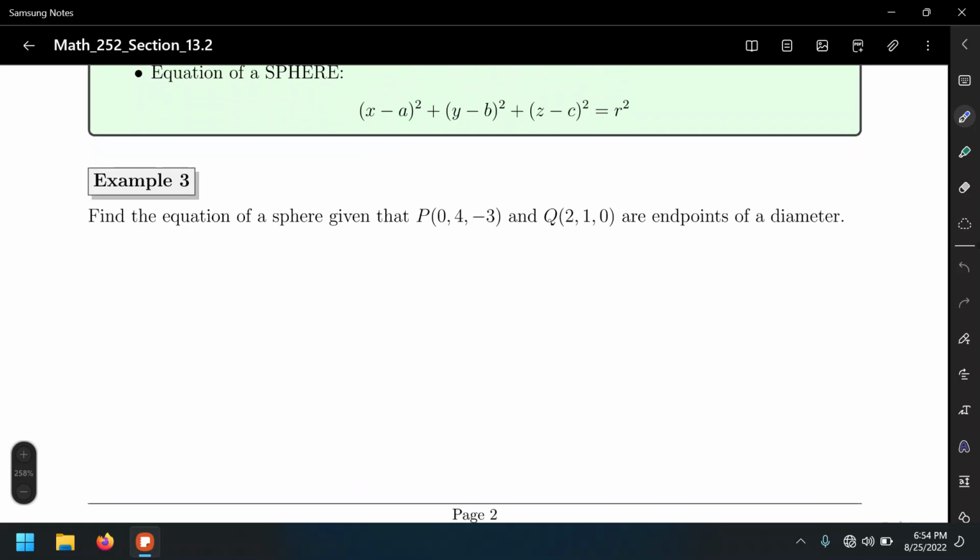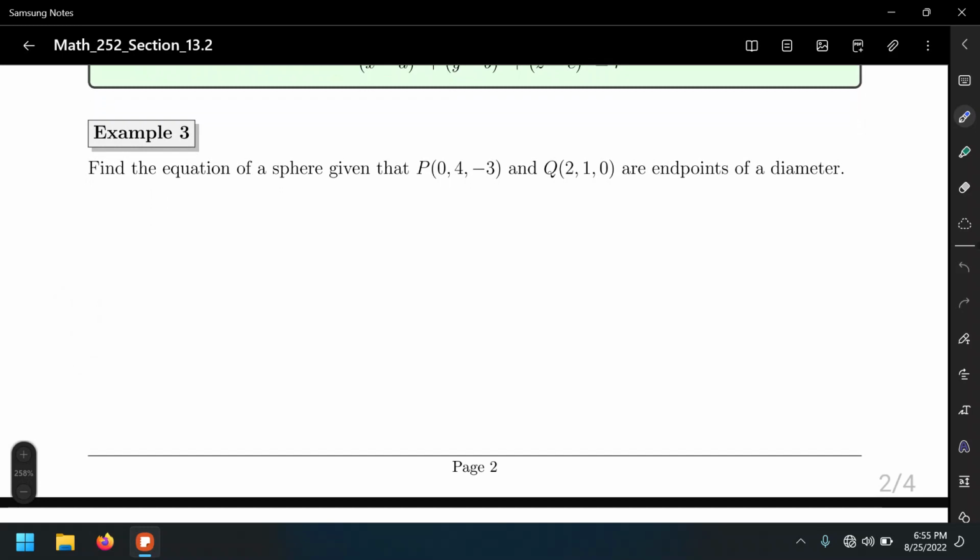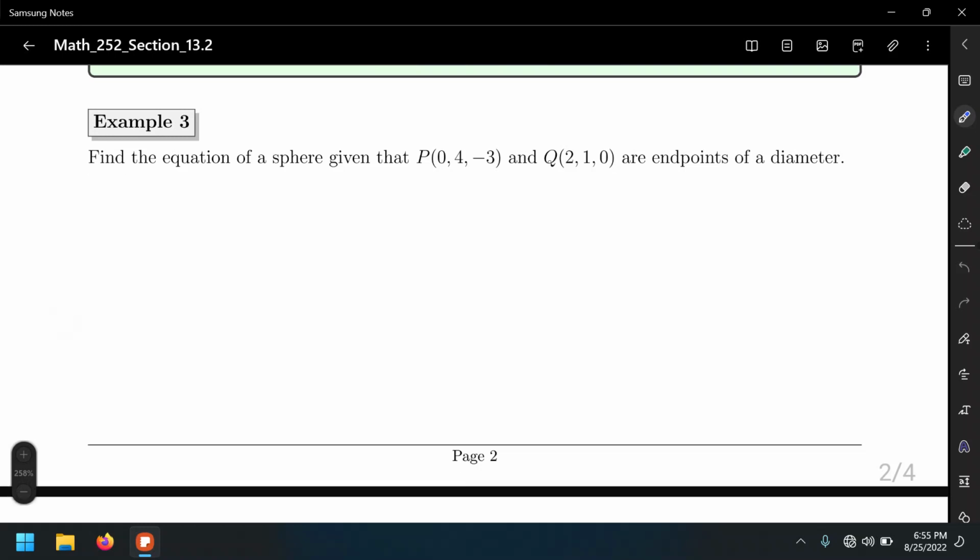Let's find the equation of the sphere given the points (0, 4, -3) and (2, 1, 0). In this case, those given points are the endpoints of the diameter of the sphere.